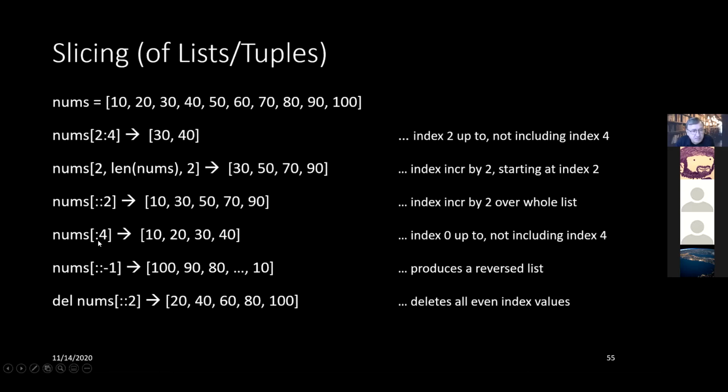This would give me everything in the list up to and not including index 4. I don't have something before the colon, so that means I'm starting at the beginning and going up to, but not including, index 4. So 50 is index 4, so it went up to 40. I can produce a list backwards by using this syntax.